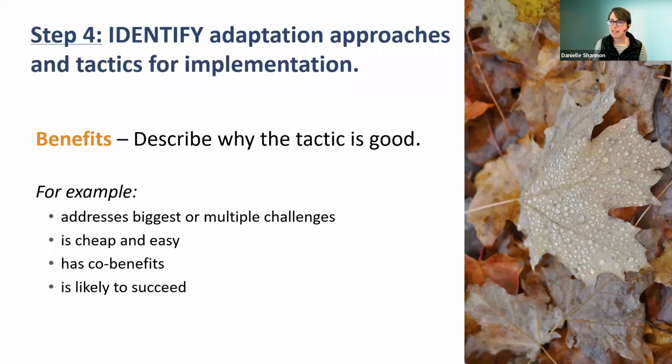One interesting thing when we're talking about climate adaptation planning, we really feel like it's important to intentionally address both what we're going to do on the landscape and why, but also the benefits and the drawbacks. And so you will have an opportunity to define the benefits of this tactic. Why is it good? Why should you be encouraging your organization or yourself or others to continue using this tactic?